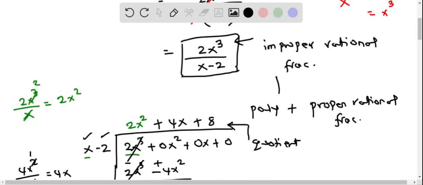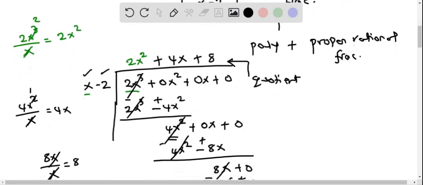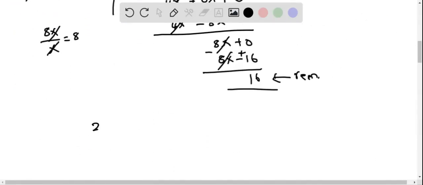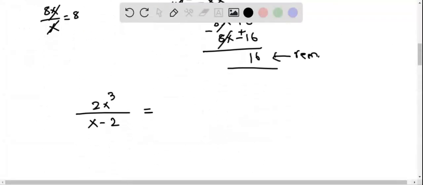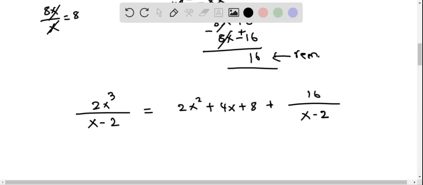Therefore, we can put this expression in the form of polynomial plus proper rational fraction as we have 2x^3 divided by x minus 2, and this equals, we put the quotient first, which is 2x^2 plus 4x plus 8, plus the remainder, that is 16, divided by the divisor, which is x minus 2.